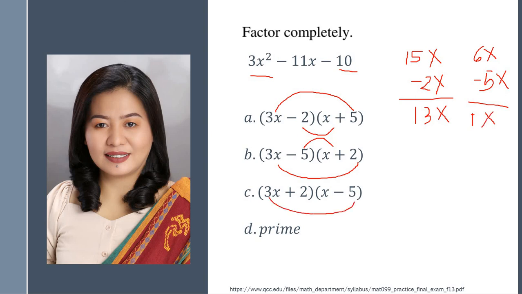Next is negative 3 times negative 5 is negative 15x, and 2 times x is positive 2x, and it will not give us an 11x, but negative 13x. So it means that our only answer there is letter D. So it's prime, meaning 3x squared minus 11x minus 10 doesn't have any factor.